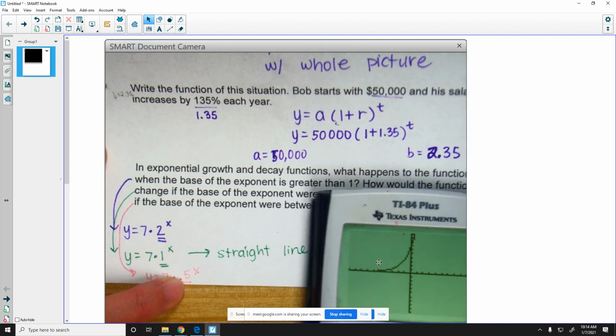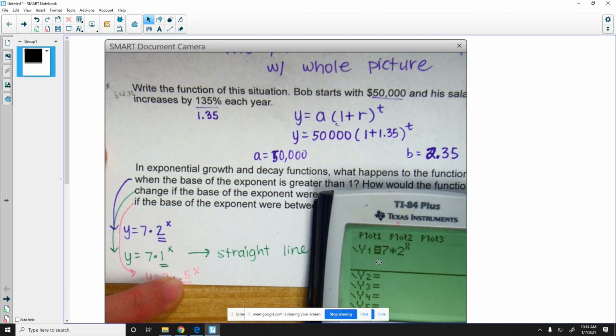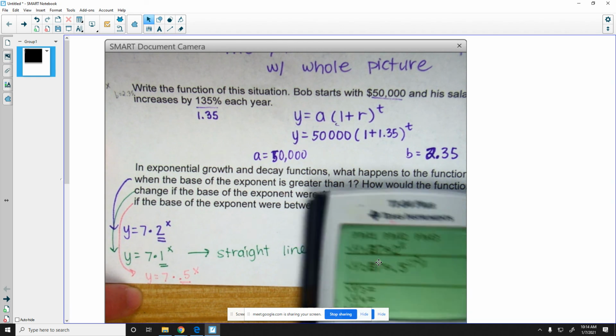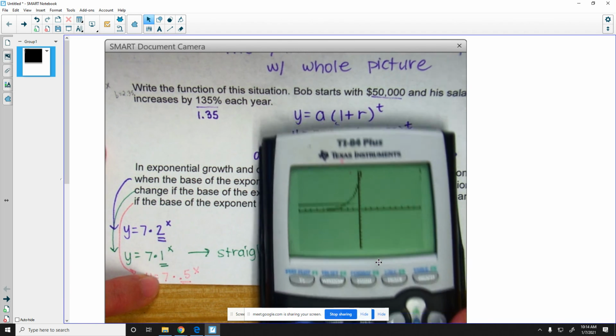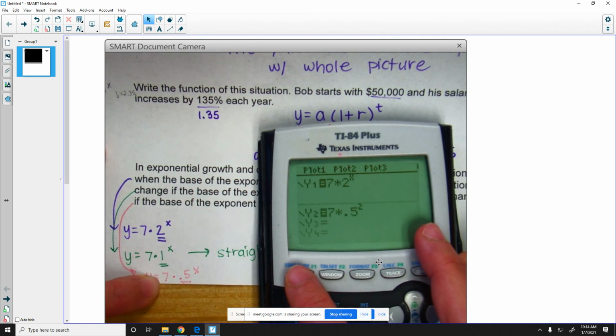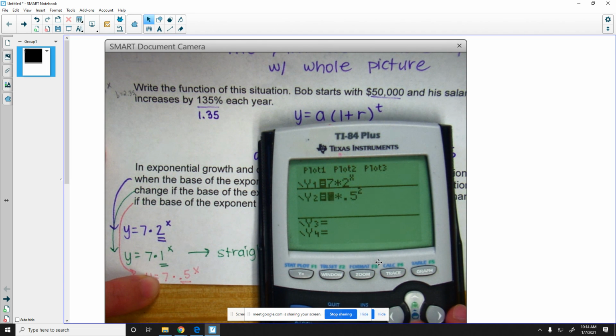Okay, so now let me compare the other two. So this one I wrote first, and then the second one is if it's less than 1. Okay. There. So what did I do? 7 times, oh, thank you, I put 2.